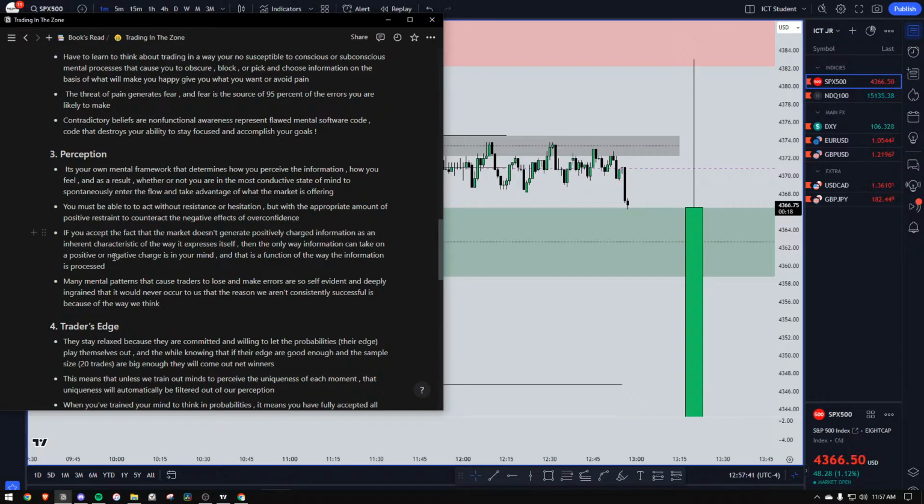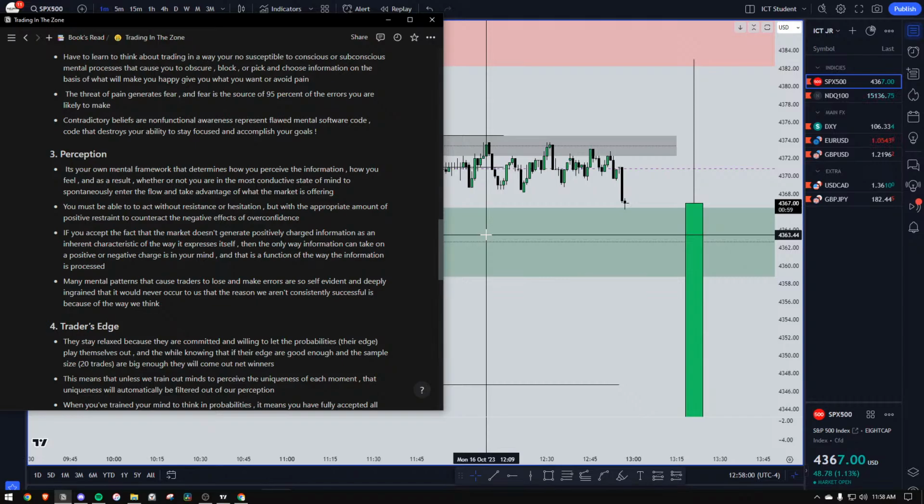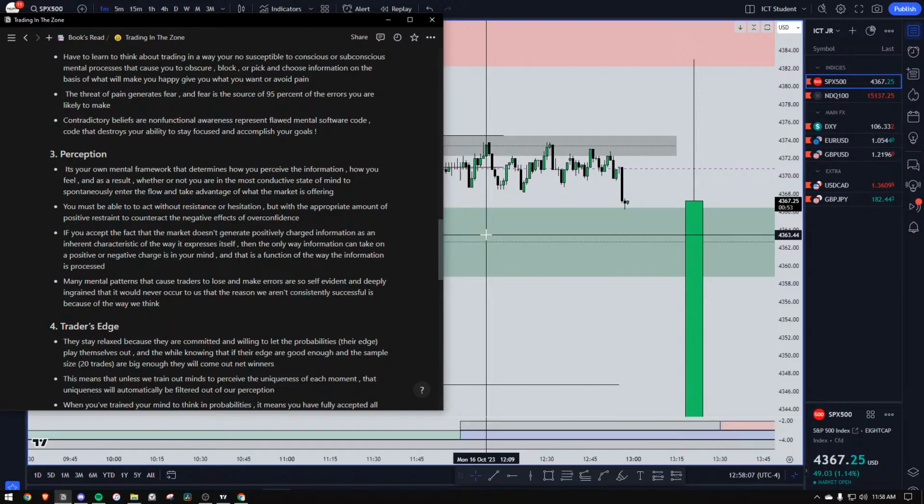Damn, this thing is dropping too, though. Alright, we're hitting that buy side imbalance. I'm gonna want to see how we react here. Just watching this market right now. Let's see if we can continue to drop. We're dropping.